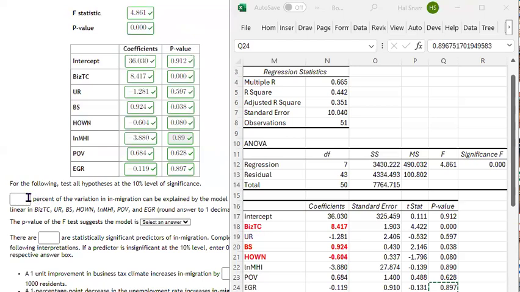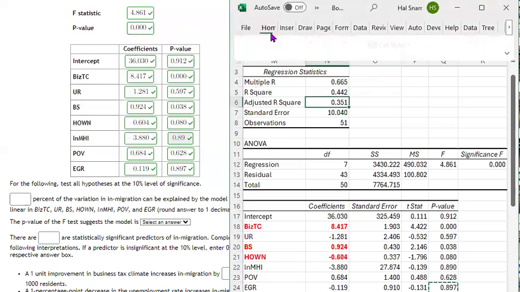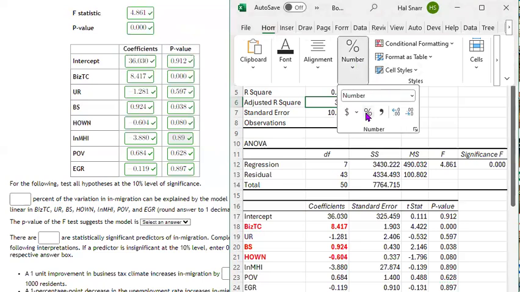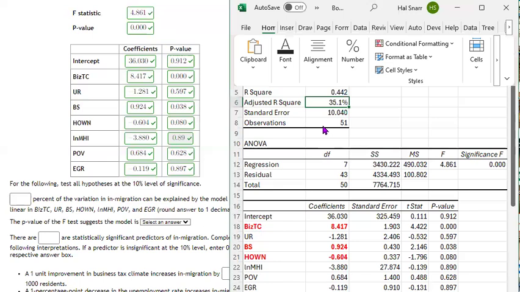The first answer box, after all the regression output has been inserted above, is the adjusted R square, right? We've got to turn it into a percent. Okay, so I'm going to click on that and then turn it into a percentage and then add a decimal place because it's asking for 1 decimal place.